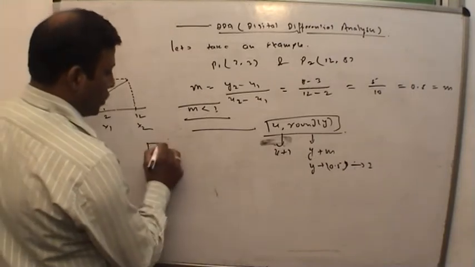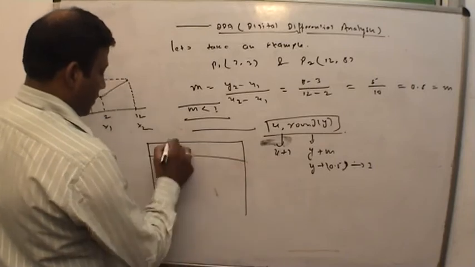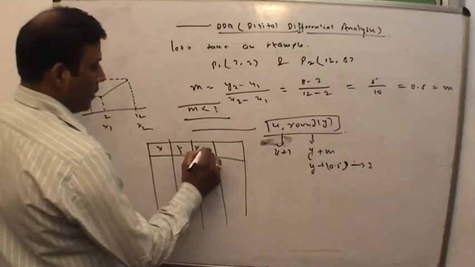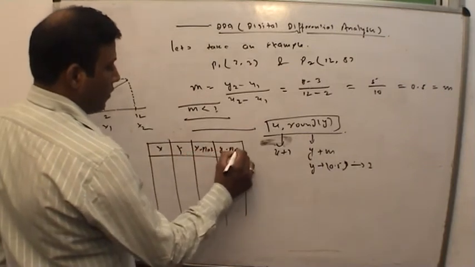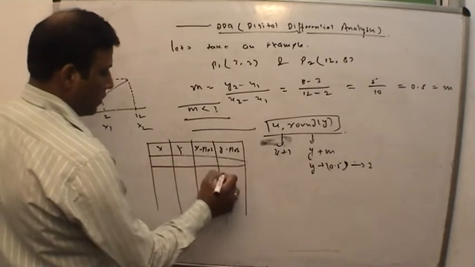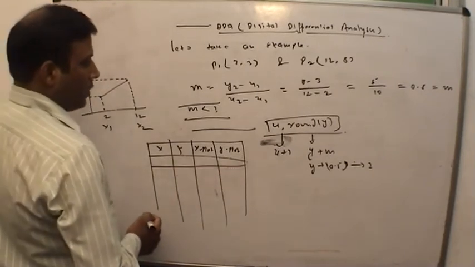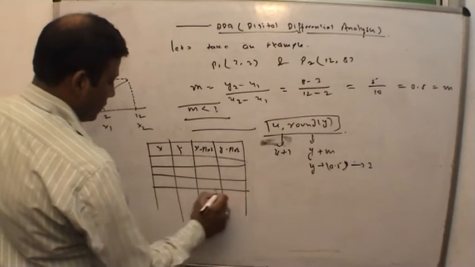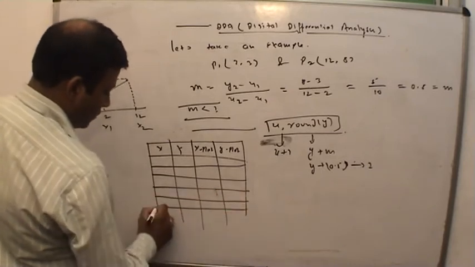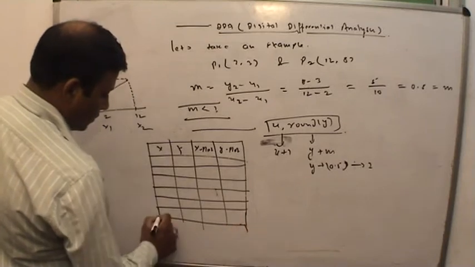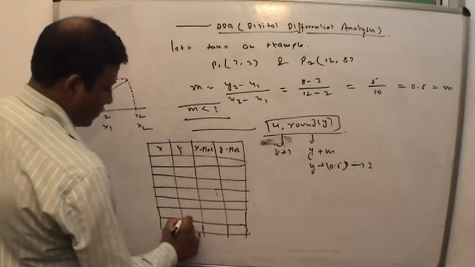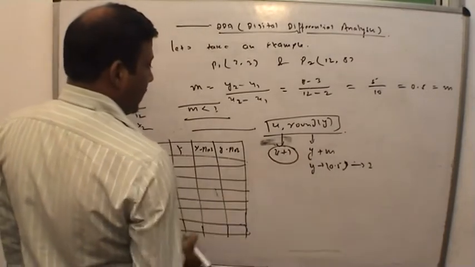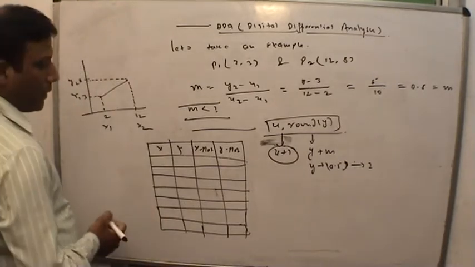When we calculate the positions on the graph, we have a table of 4 columns: x, y, x plot and y plot. According to the equations, the value of x is incremented by 1 for plotting the next point pixels.